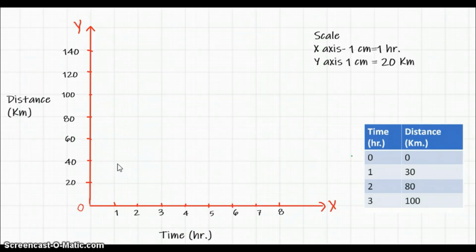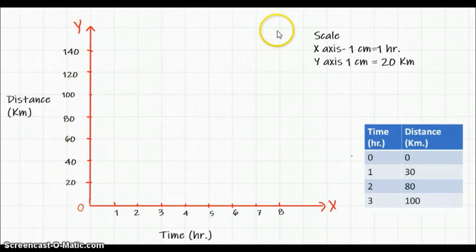Now first of all you have to draw 2 perpendicular lines. What are perpendicular lines? Lines which form a 90-degree angle. So these are the 2 perpendicular lines, and you have to mark the point of joining as O. That is the point of origin. You have seen the graph was divided into 4 parts.